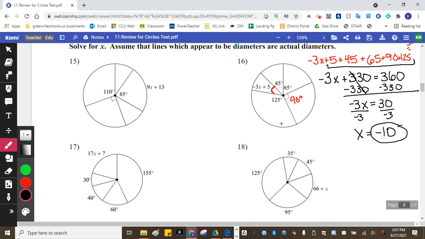Number 18 is the same, but now instead of the internal angles, we're talking about the arc lengths, but they still add up to 360. So I'm going to add all of this up and set it equal to 360.